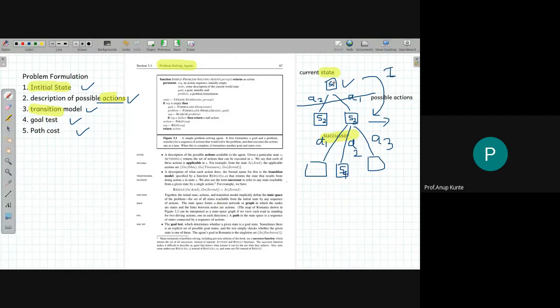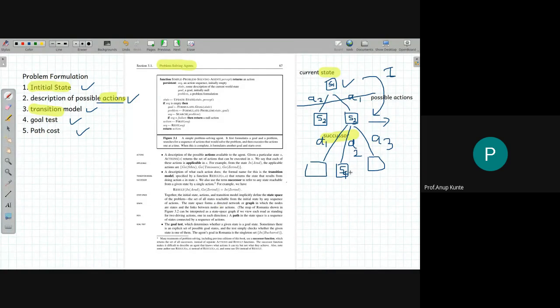Now this particular sequence from S1 to S3 to S4 will require your agent to carry out two actions in an ordered manner. First, apply action A1, then apply action A2. So A1, A2 is my action sequence, but in terms of graph, if I visualize this transition model as a graph over two hops, this is nothing but a path from S1 to S4.